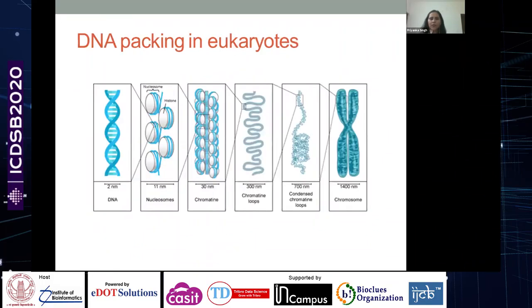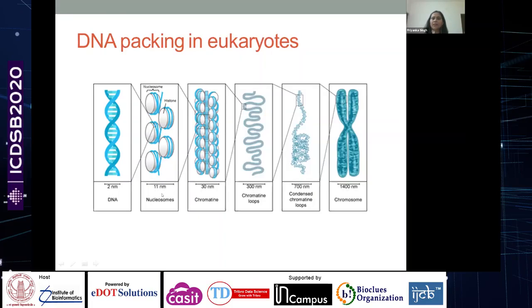Now the DNA in eukaryotes is condensed to actually fit into the nucleus. As I mentioned, the double helix diameter is around 2 nanometers. It packs around proteins called histones and forms this bead-on-a-string-like structure, which is called the nucleosome, and it's around 11 nanometers in diameter.